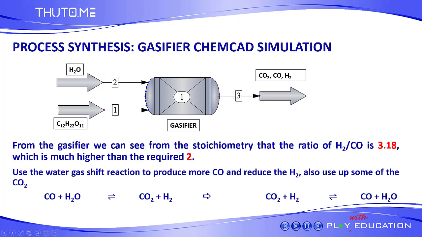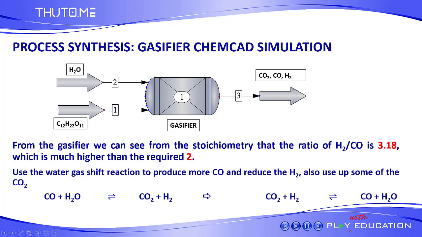If you remember from lesson 1, in this particular setup where we are gasifying sucrose, we are producing an H2 to CO ratio of 3.18, which is much higher than the one that we require for methanol synthesis, which is 2 H2s for 1 CO, meaning an H2 to CO ratio of 2 is required.